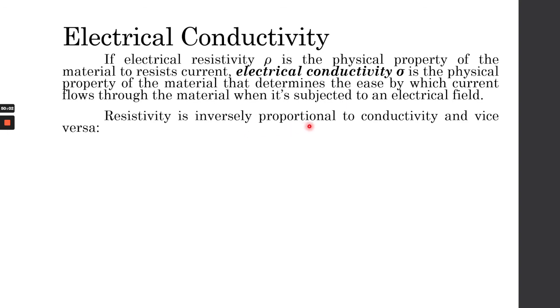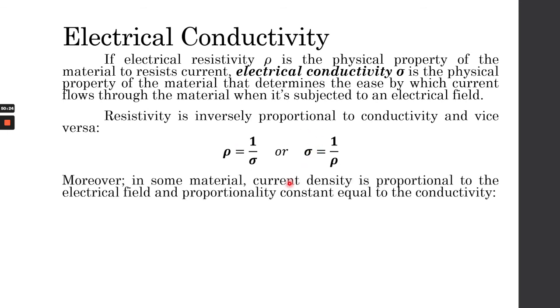Resistivity is inversely proportional to conductivity and vice versa. So resistivity equals 1 over conductivity, or conductivity equals 1 over resistivity. And this is true because the lower our conductivity, the higher the resistance, and the lower our resistance, the higher our conductivity.